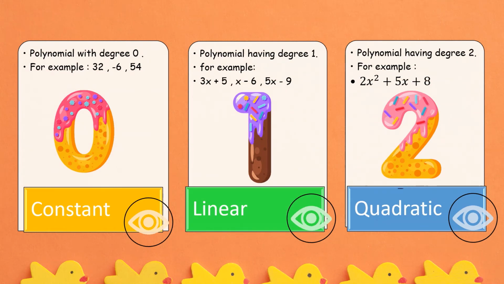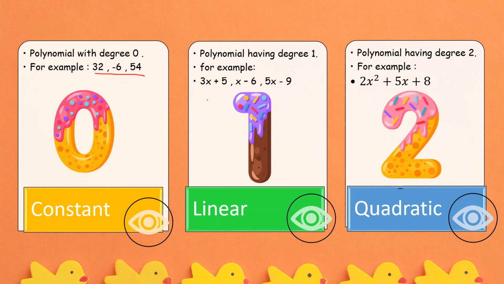Any polynomial with degree 0 is called a constant. For example, 32, -6, 54, or any other value which doesn't have a variable along with it and doesn't have any degree, is called a constant.